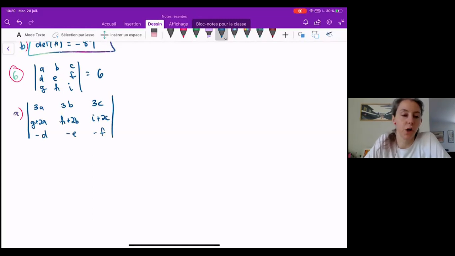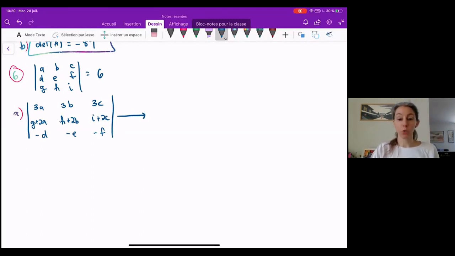Where's a good place to start? What should I do first? So remember, our goal is, that's a great place to start, Daniel. Our goal is to row reduce this thing to get it back to the first one. So getting rid of the 3 on the top is good.